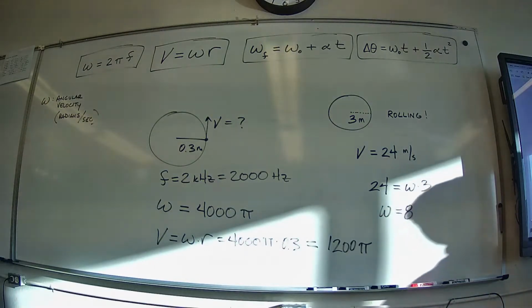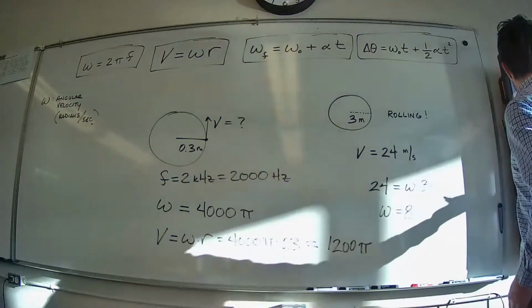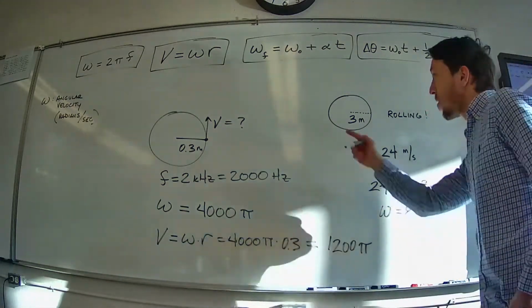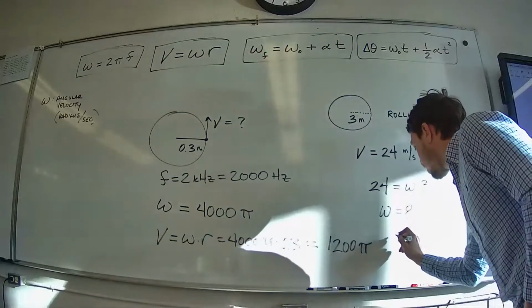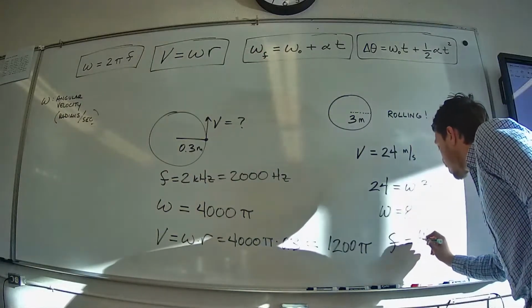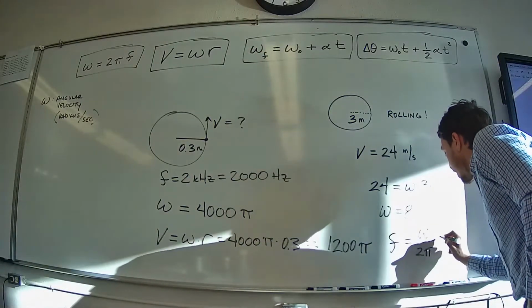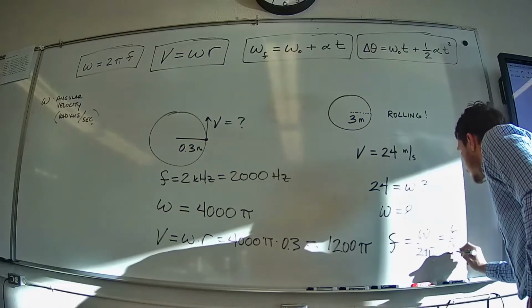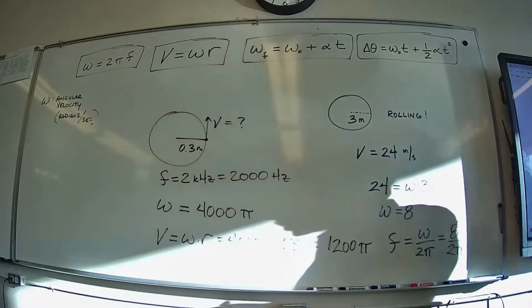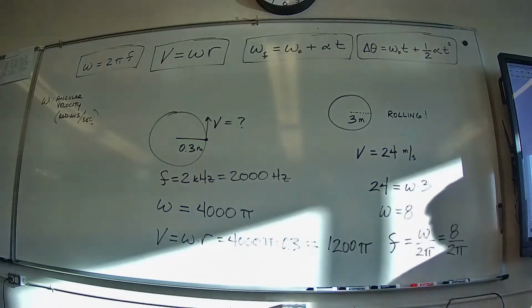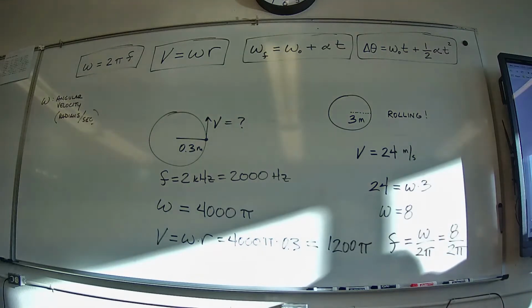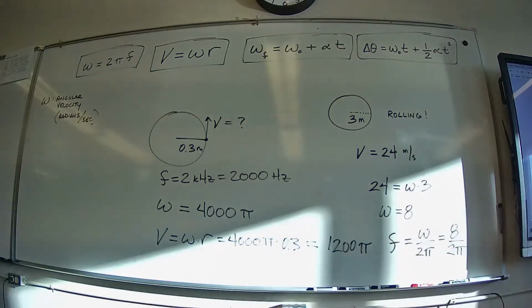So anyway, to get my frequency, frequency is omega divided by 2 pi. So the answer, I think you said this, Aiden, is 4 over pi, which is roughly a bit bigger than 1, right?